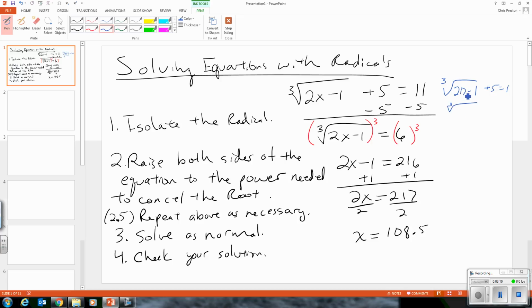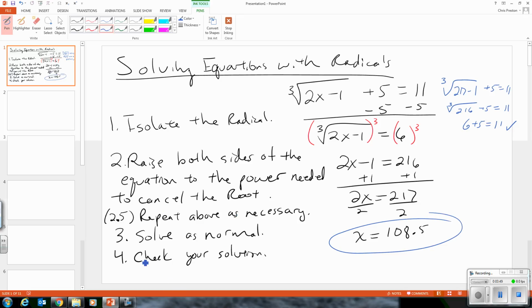So 217 minus 1 is 216. The third root of 216 should be 6. So does 6 plus 5 equal 11? Yes, so this answer works.